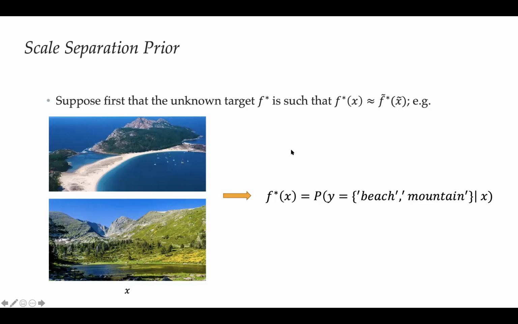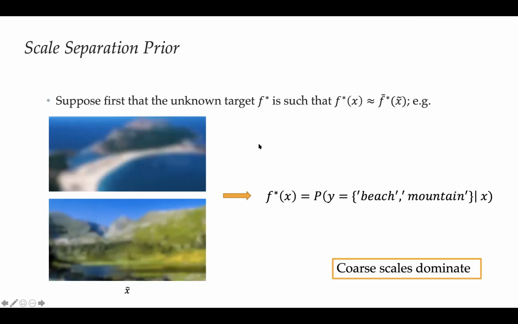Just think about the problem where the function you need to figure out is whether there's a beach or a mountain in an image. Do you think that for this function you need to know x at the native resolution, or do you think that you can afford to see things at a coarser scale? For example, I blurred these images a little bit, right?